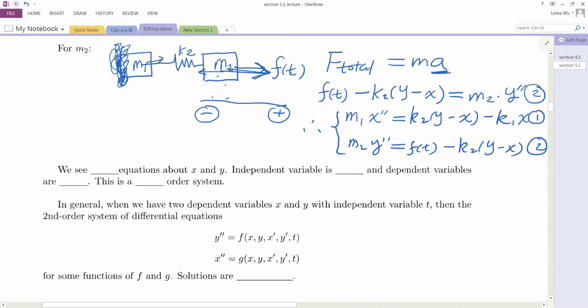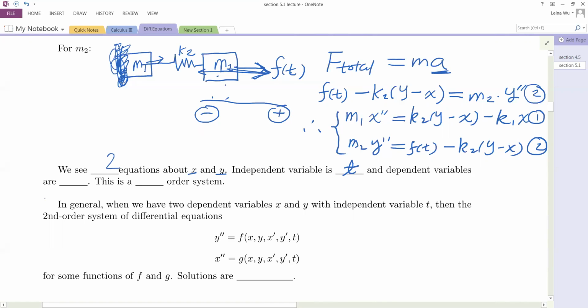All right, so this is one example of a system of equations. We've got how many equations? 2. 2 equations about x and y. What's the independent variable here? Time t, good. What's the dependent variable? Displacement. Yeah, displacement.